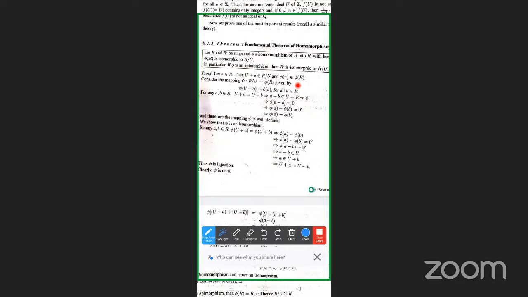So this is R/U. R/U is nothing but the factor group. Every element in the factor group is of the form of cosets, like a + U, b + U, c + U. U is an ideal, and R is a ring. The first element a belongs to R, and we take another element b.